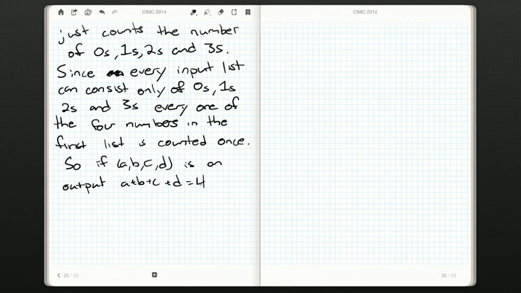So for any output, the digits in the list add up to 4. Well, we know A, B, C, D is an output. It's both the input she gives, but it's also the identical output she gets out.